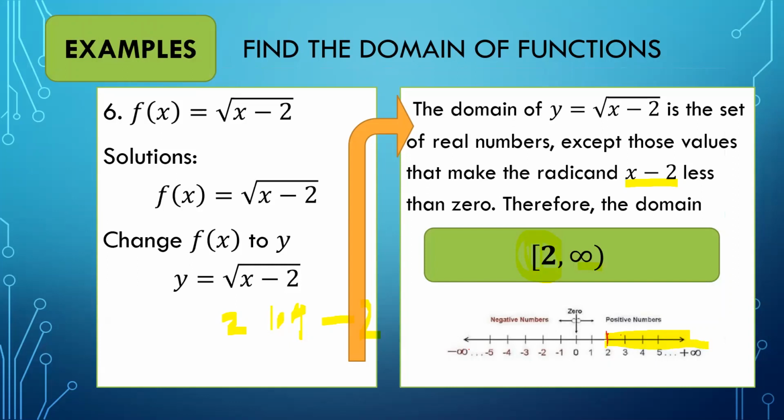So we will exclude all values from negative infinity to 1.999, or any number that is approaching positive 2 from below, since that will give us a negative answer.